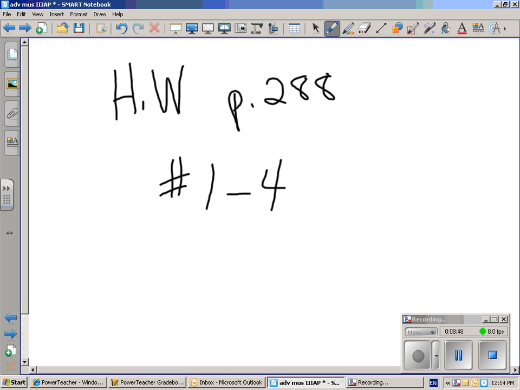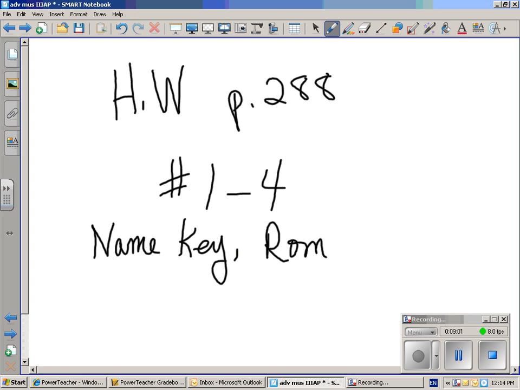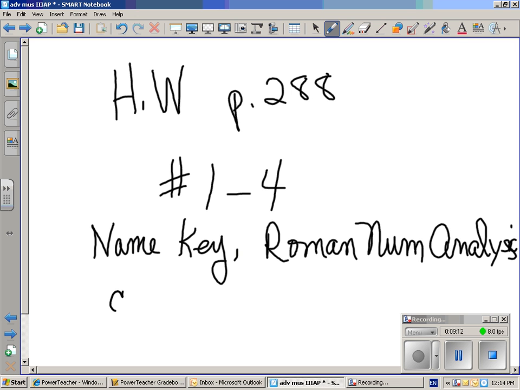You're to name the keys, do the part writing, circle the non-harmonic tones, Roman numeral analysis, circle the 7th, and label it.